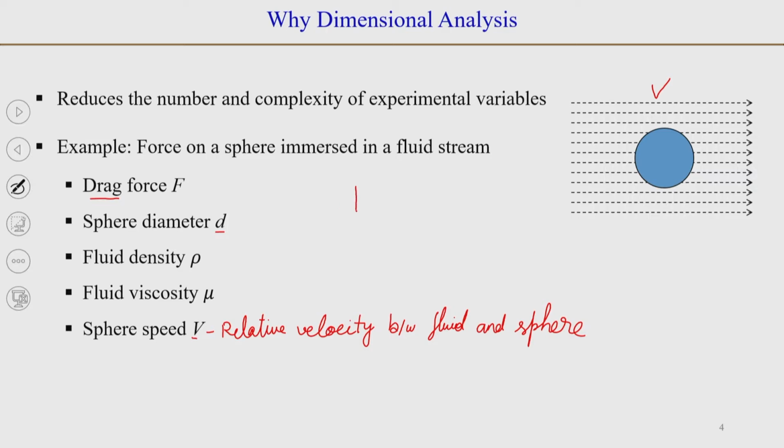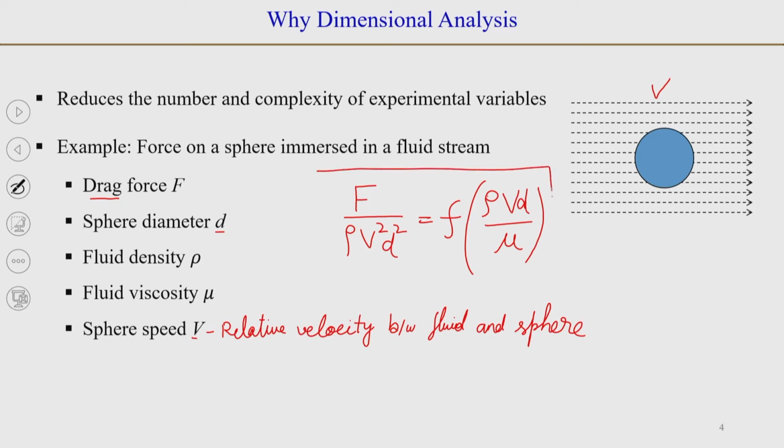So, for example, as we will see later on, they can be grouped in non-dimensional form: F over rho V square d square is a function of rho V d over mu.